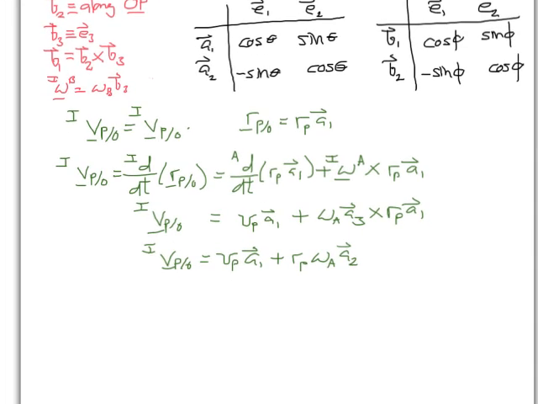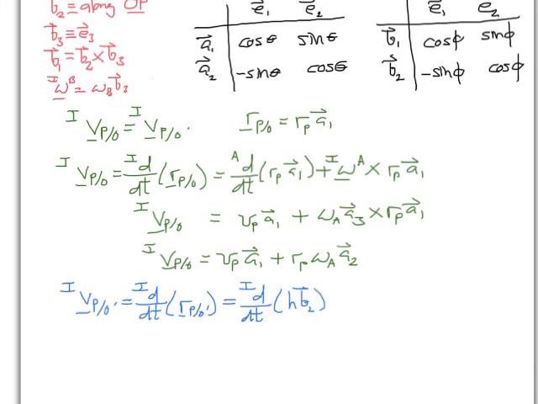So now let's calculate the velocity of P with respect to O prime as observed in the inertial reference frame. Now this will be the time derivative of the position vector of P with respect to O prime, and this is the time derivative when we express this in the body frame of H in the B2 direction.